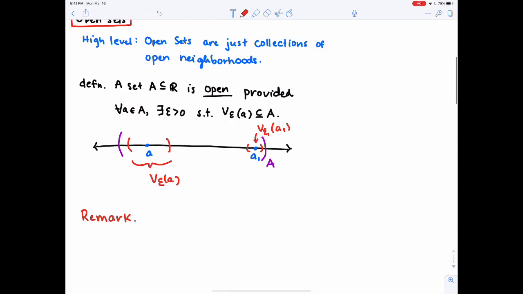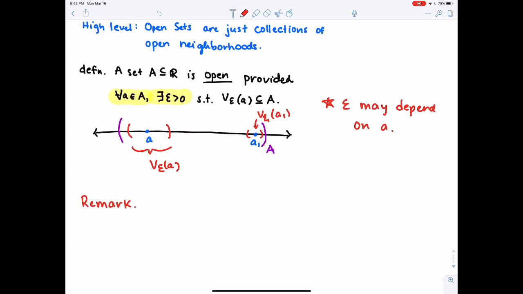And this is okay because if you take a look at the order of the quantification, you are introducing your a value first, and then you are finding a corresponding epsilon. And so something to point out here is that epsilon may depend on the little a that you pick.